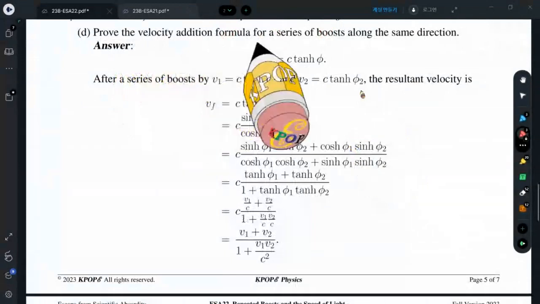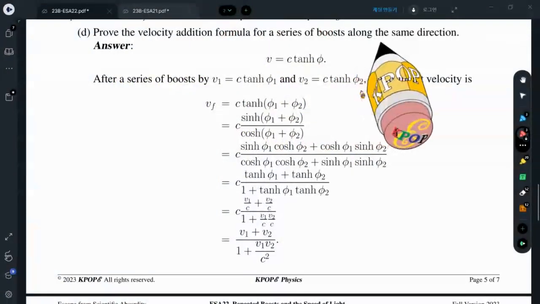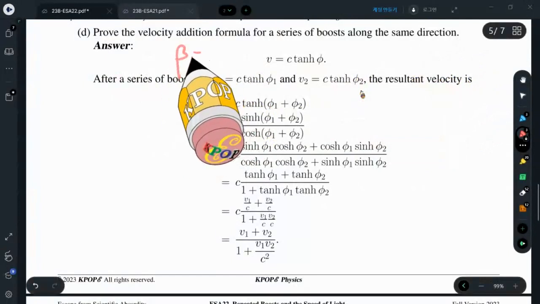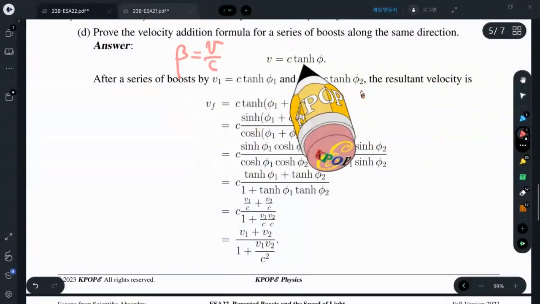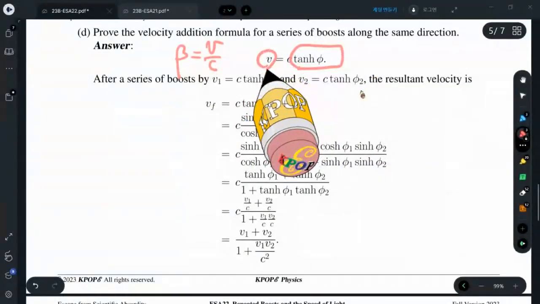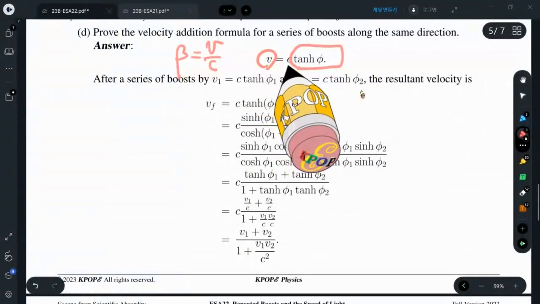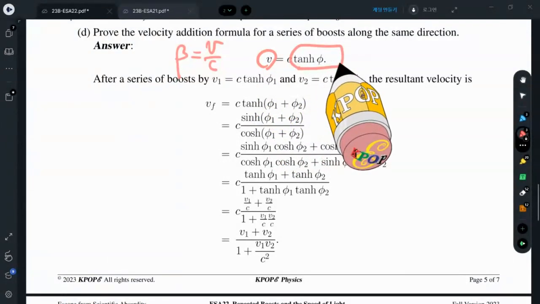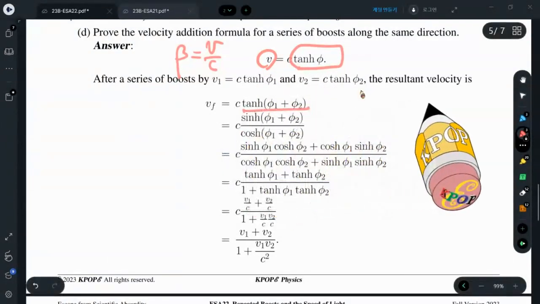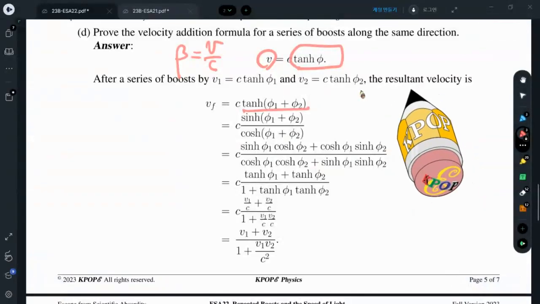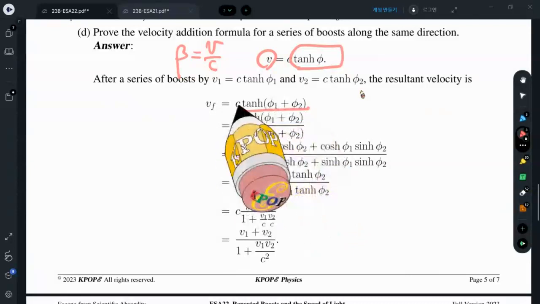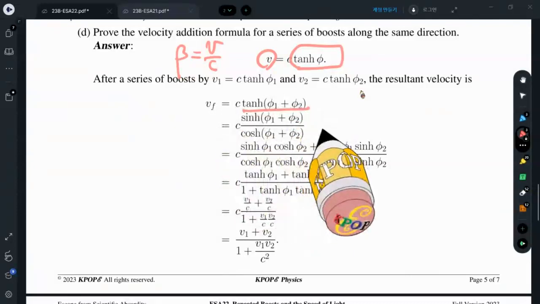Now prove the velocity addition formula for a series of boosts along the same direction. We know beta equals v over c, that is tangent hyperbolic. So the speed of an object is the speed of light multiplied by tangent hyperbolic. Tangent hyperbolic is just like the tangent function, with cosine hyperbolic in the denominator and sine hyperbolic in the numerator.